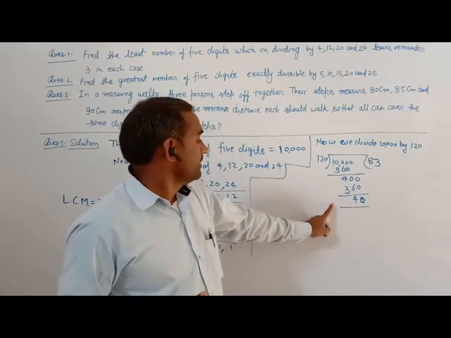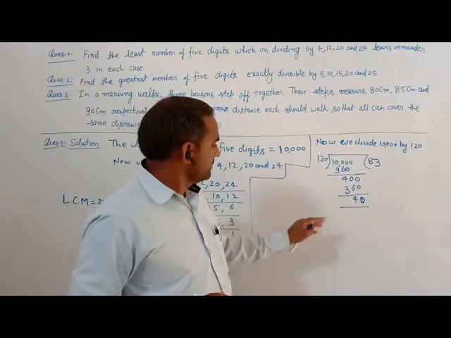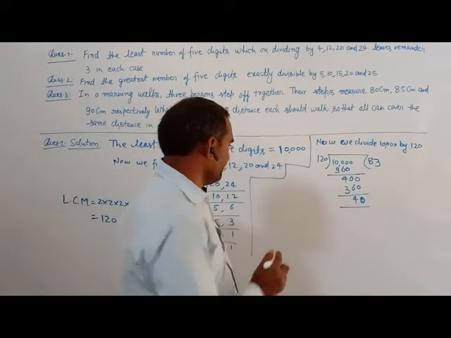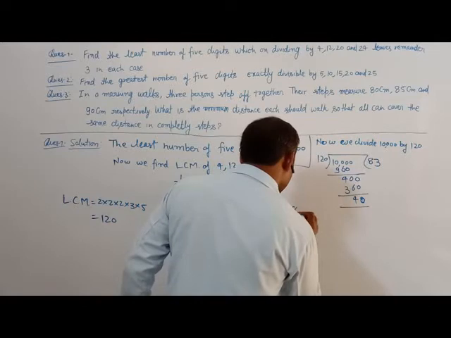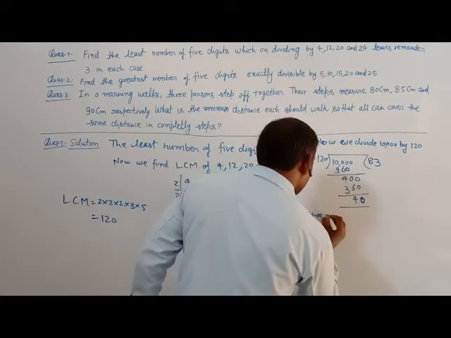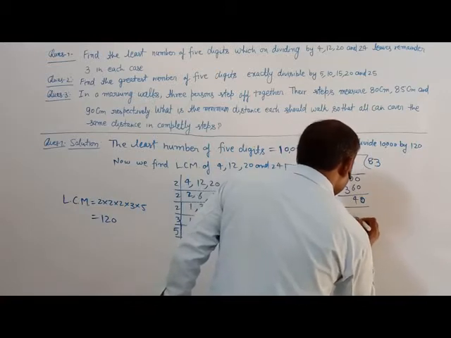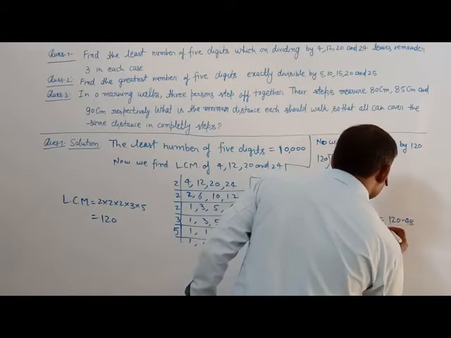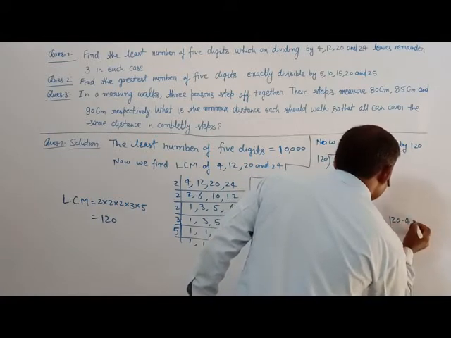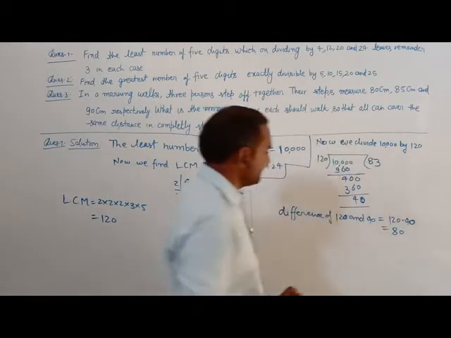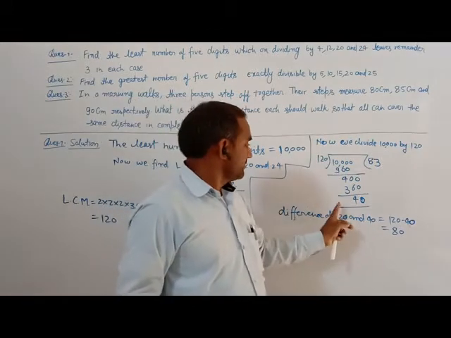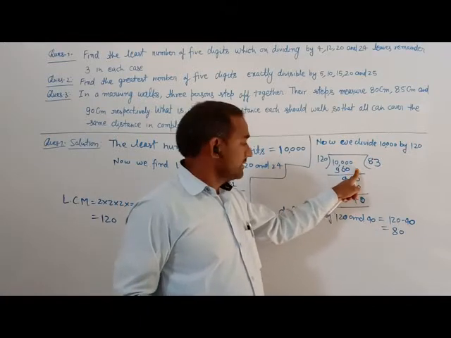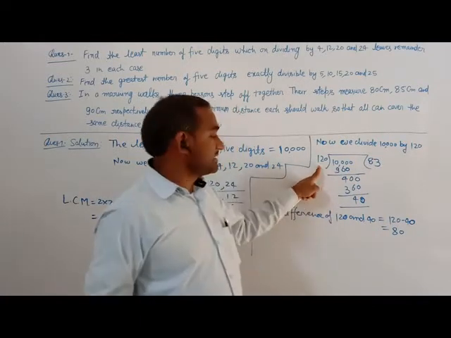If we add the difference of 120 and 40, that is 120 minus 40, which is 80, to 10,000, then it will be exactly divisible by 120.